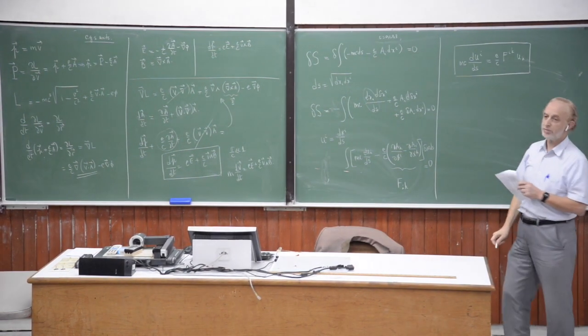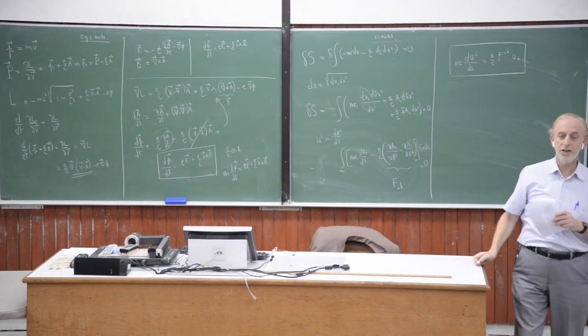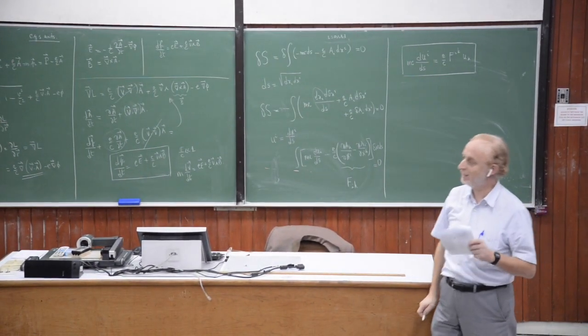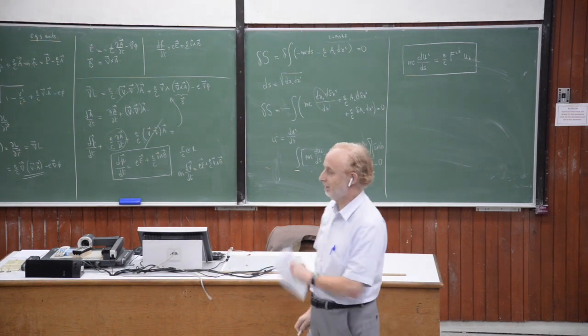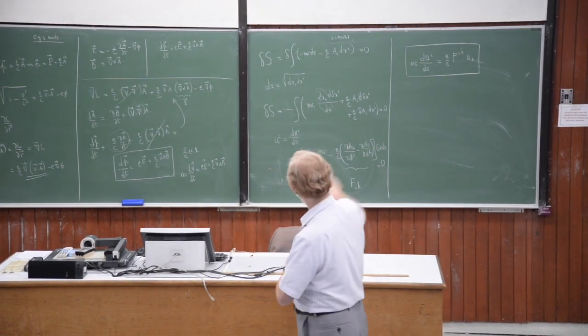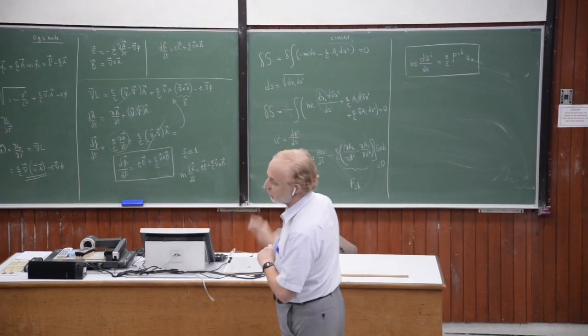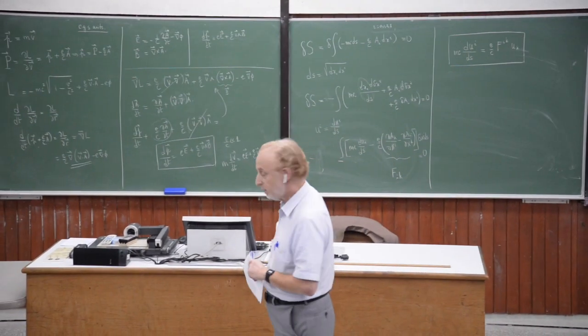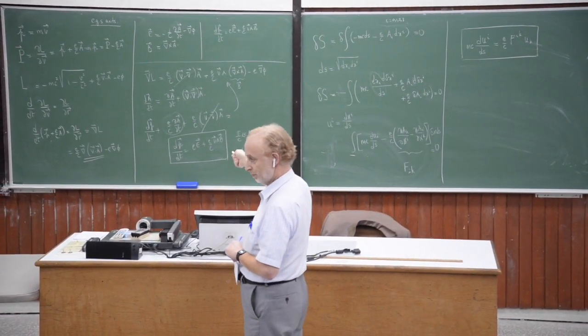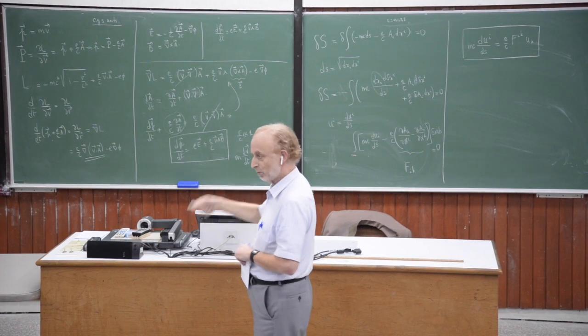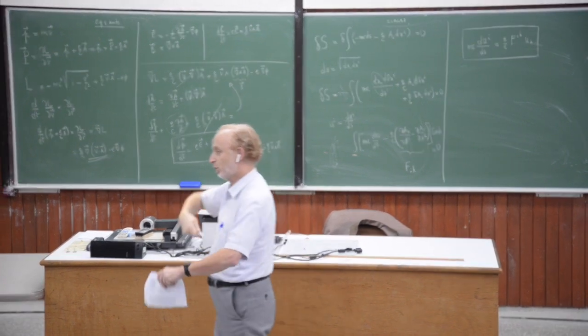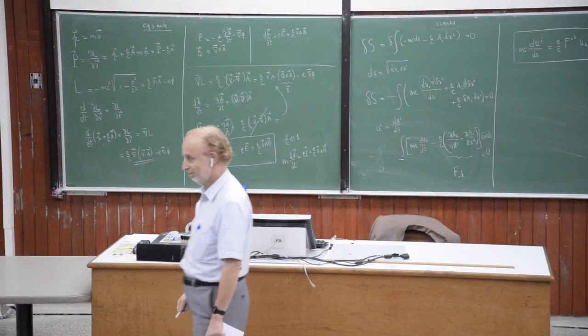And this is the equation of motion of a charged particle in an electromagnetic field described by the electromagnetic field tensor F_ik. The spatial components of this are nothing more than the Lorentz force law. The time component is the energy. It tells the energy change of the particle is equal to the work done by the field. That's all.